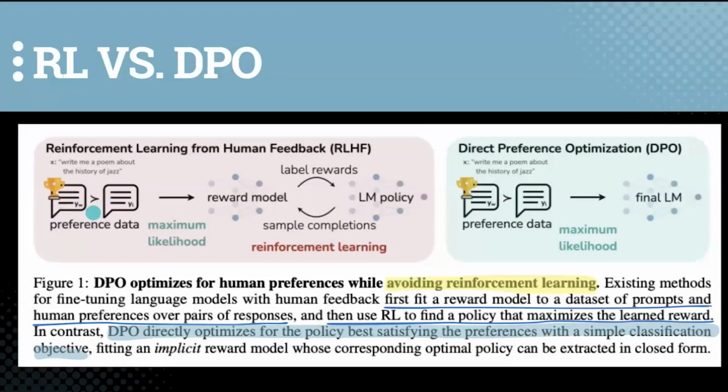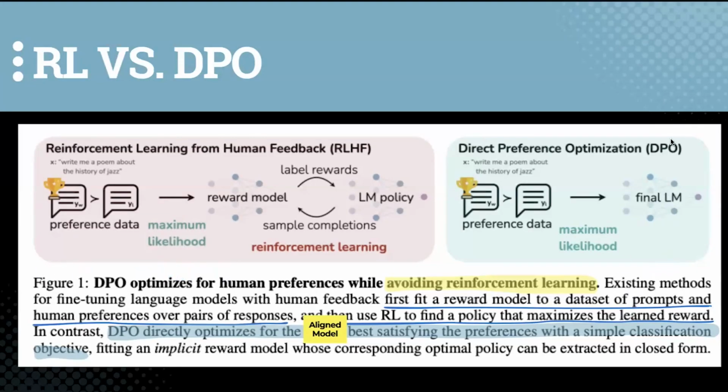So rather than having this preference data where we need a reward model and a policy model, and we need to label them, and we need to do all this stuff, how about if we just had the preference data and we just directly optimized the policy model. That sounds pretty good. DPO directly optimizes for the policy best satisfying the preferences with a simple classification objective. The policy being the aligned model. It's optimizing the alignment by best satisfying the preferences with a simple classification objective.